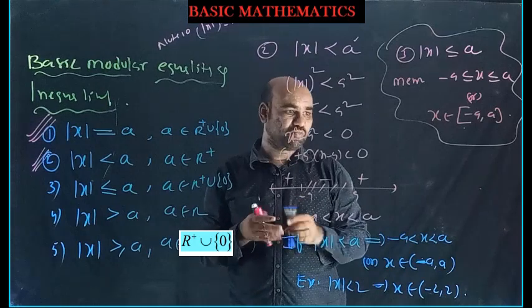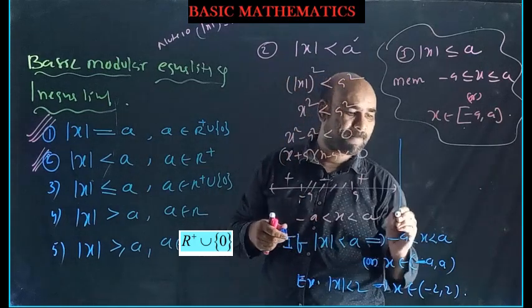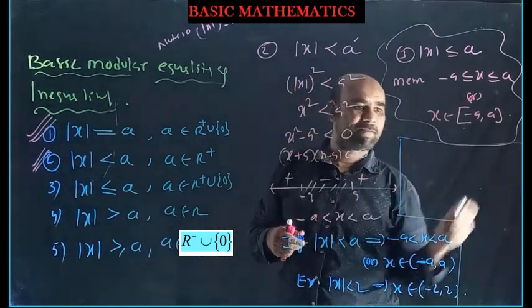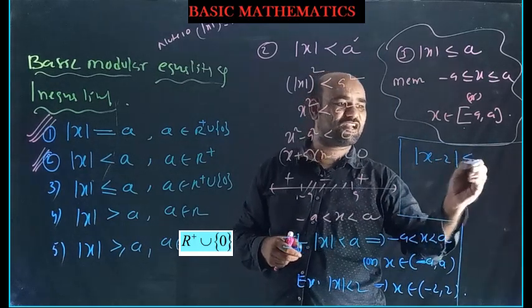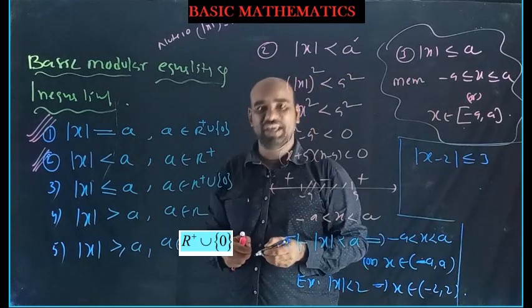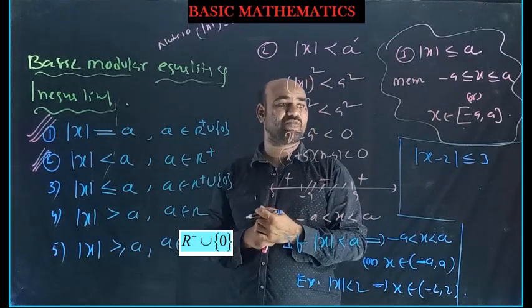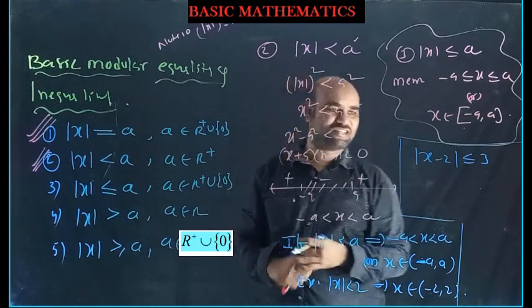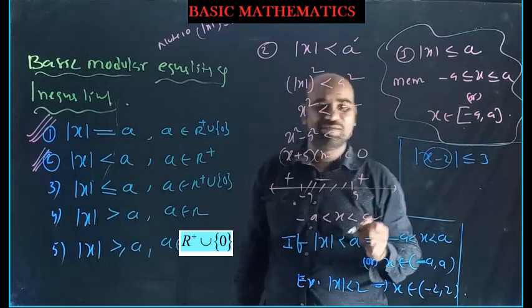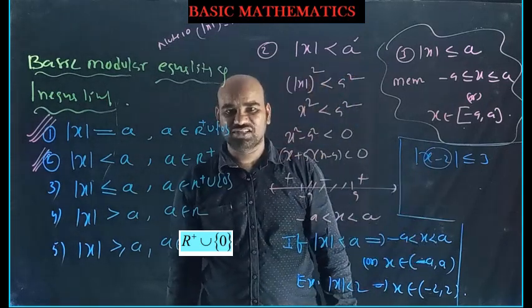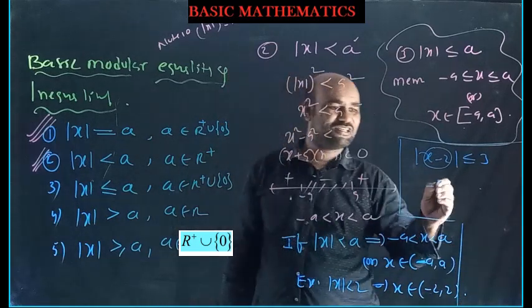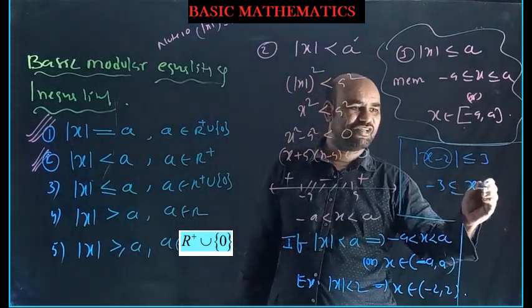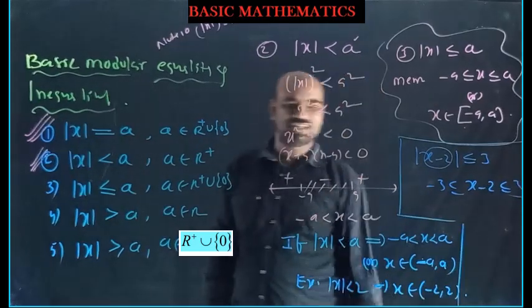Okay, one simple problem. Find x such that mod of x minus 2 is lesser than or equal to 3. Just like this is filled as k, mod k lesser than or equal to 3, k belongs to closed interval minus 3 to 3, or minus 3 lesser than or equal to x minus 2 lesser than or equal to 3.